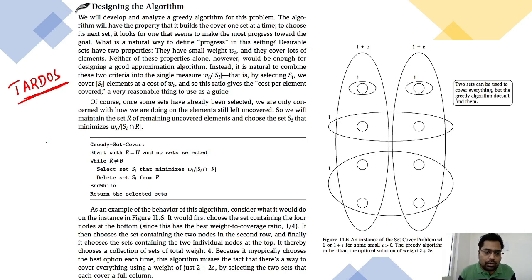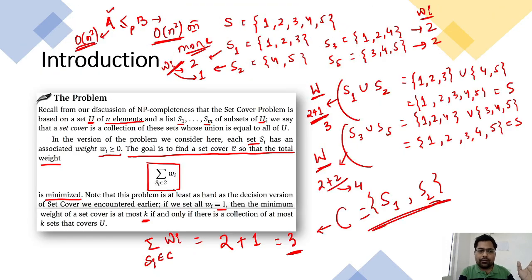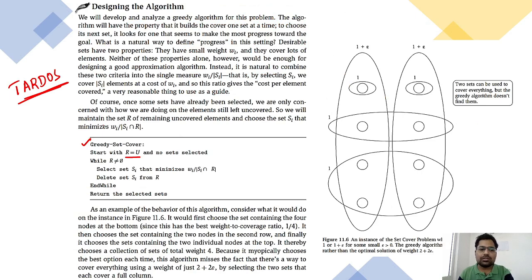Greedy set cover: they started it, and they have taken one R, which is equivalent to U, meaning the number of elements. As I have already informed you, U represents n number of elements. Same thing, we are just transferring that into R.